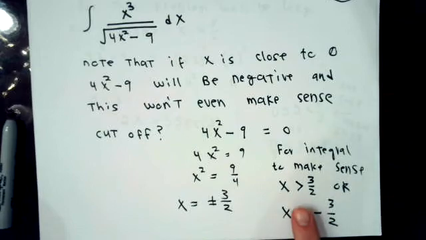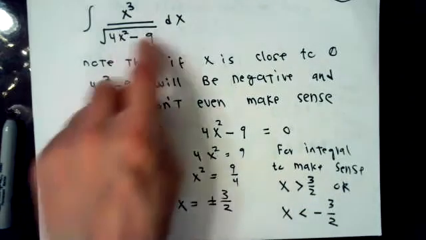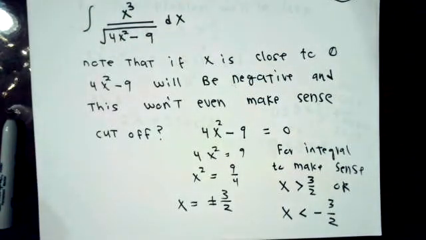If x is bigger than 3/2, the number underneath the square root quantity will be positive and everything's good. If x is further to the left than negative 3/2, the quantity underneath the radical is positive again and everything is good.